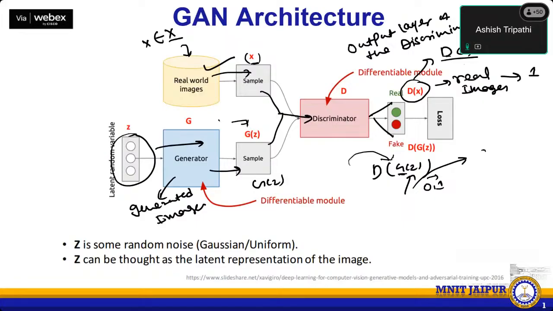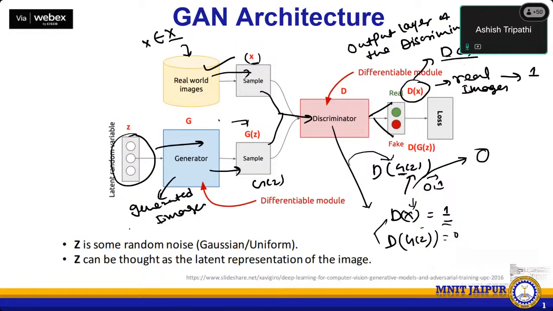It should be equal to 0. So ultimately what I have got from this figure is that D of x should be equal to 1, because this x is coming from the real samples, and this D of z should be equal to 0 if the discriminator is doing its job efficiently. It should produce 1 for this, and it should produce 0 for this, because this one is coming from the fake sample, and this one is coming from the real sample.